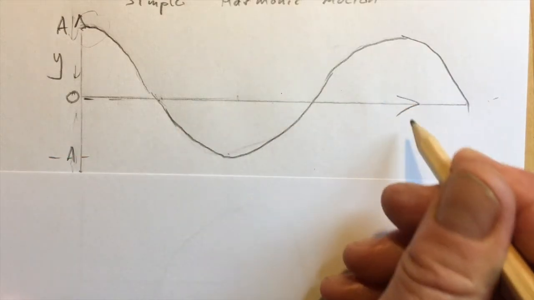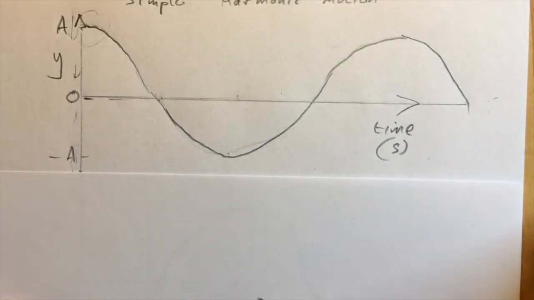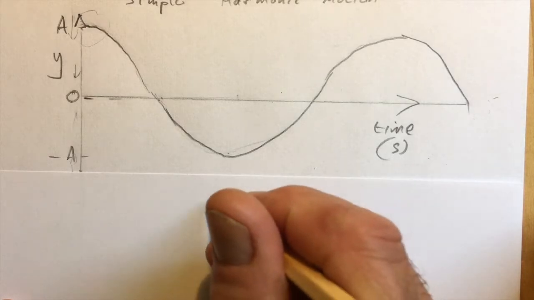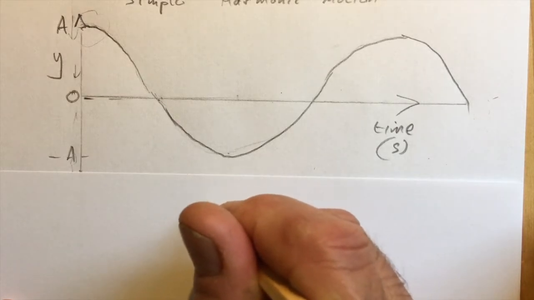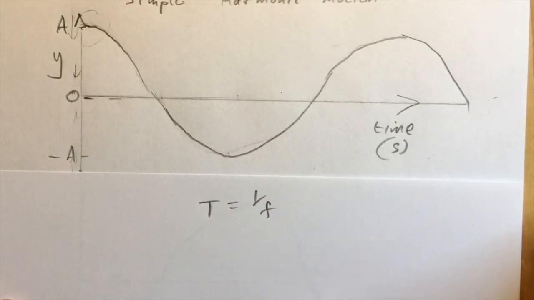This axis, of course, is time measured in seconds, and you've got the thing doing a complete cycle every periodic time, so where you can measure the frequency of something, T is 1 divided by f.